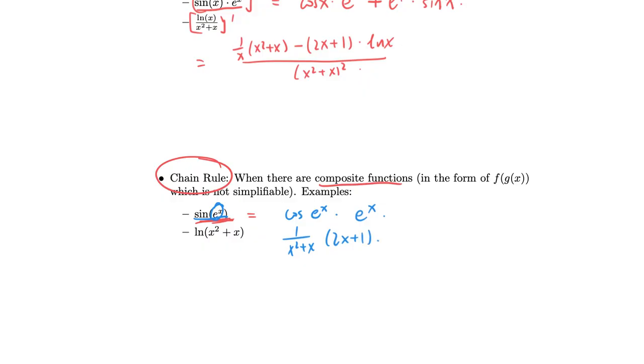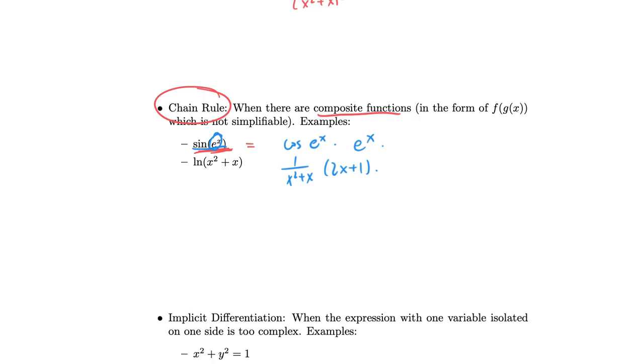And I'm going to take this chance to do one that has multiple layers. So let's say we had sine e to the sine e to the x, like this. Here we have essentially four layers, but I'm going to show you how I can still do it with the chain rule, just using intuition.